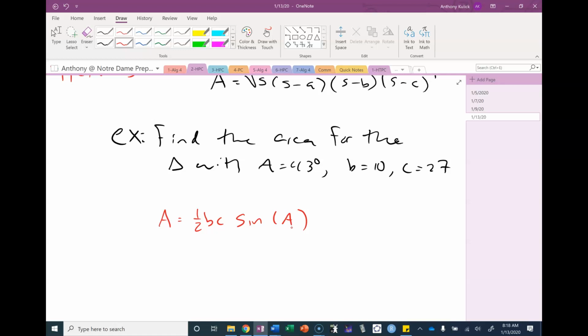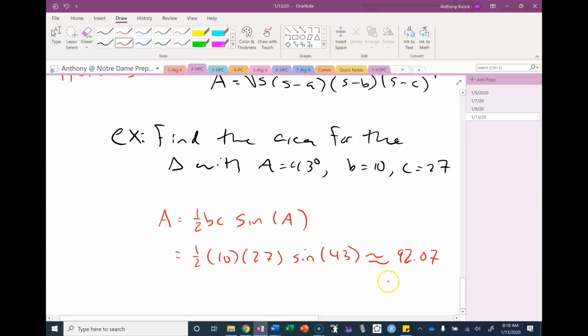Because we're given everything we need. We have the 2 sides and the angle. So if I just plug everything in, what we get here is about 92.7 units squared.